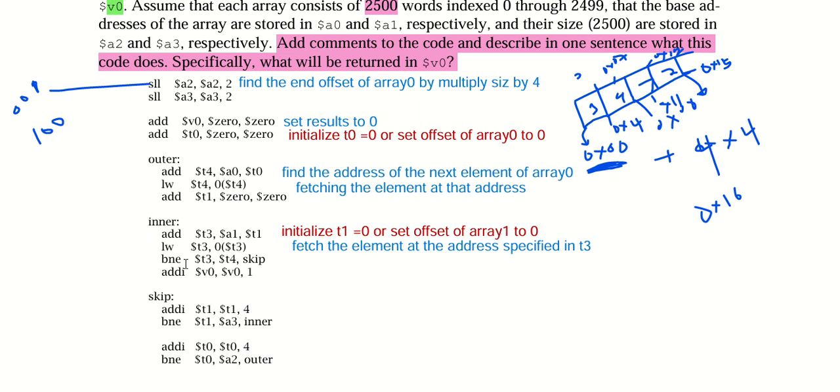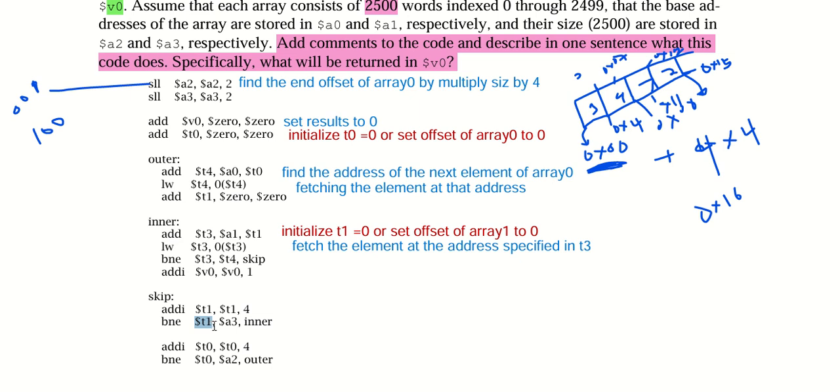So from here, we check if the element we fetch from the second array is not equal to the element we fetch from the first array, then we try to evaluate the next offset of the second array.